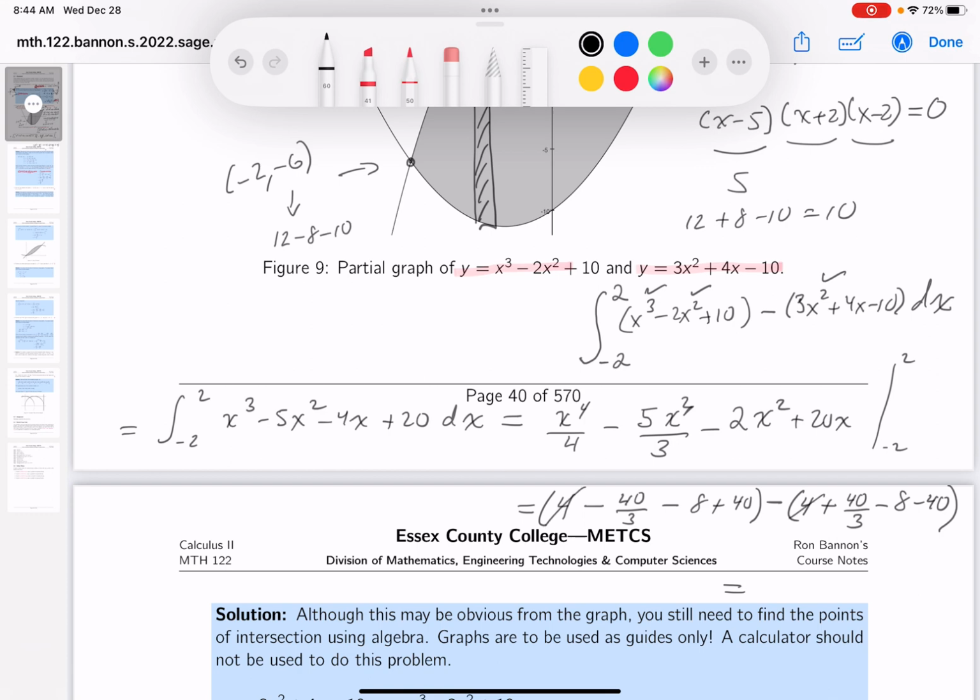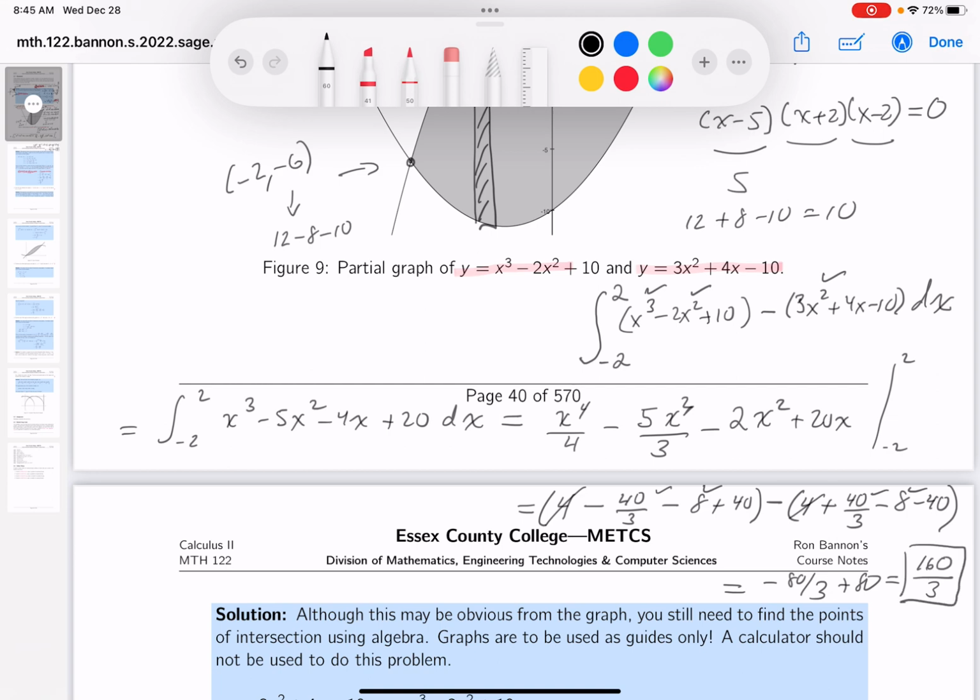Let's see, minus 40 thirds is minus 80 thirds. Minus 8 minus a minus 8 is 0. And then you get 40 minus a minus 40, which is plus 80. I'm going to add those two numbers together. Common denominator would be 3. And you're going to get, let's see, 160.